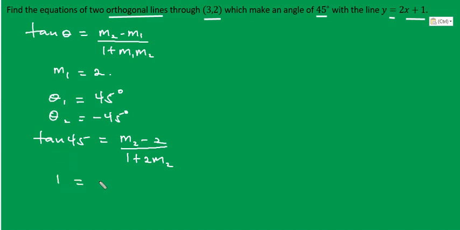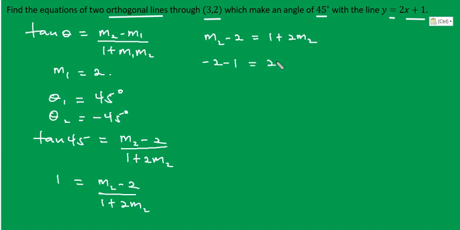This is m2 minus 2 over 1 plus 2m2. So we shall get m2 minus 2 equal to 1 plus 2m2. Then put 1 this side, I get negative 2 minus 1 equal to 2m2 minus m2. So one of the lines will have a gradient of negative 3.